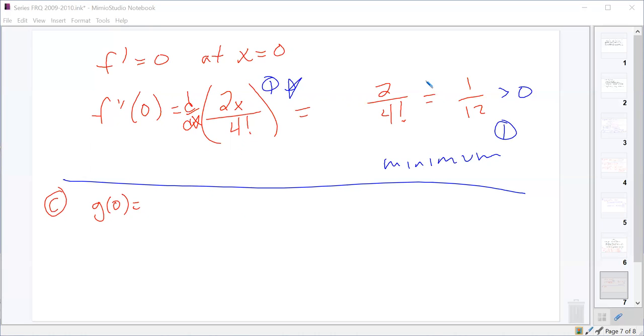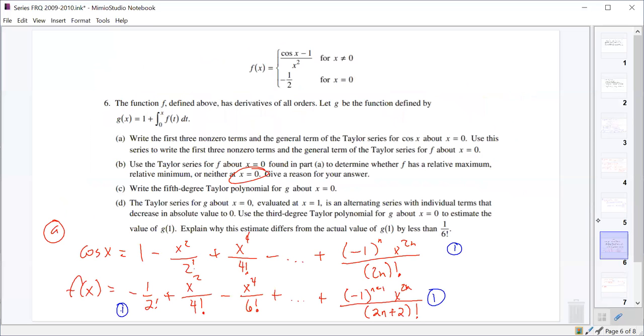I was going to write it out term by term, but we can just add the 1 and integrate term by term. That's fine. You're right, probably doing it the other way is easier.